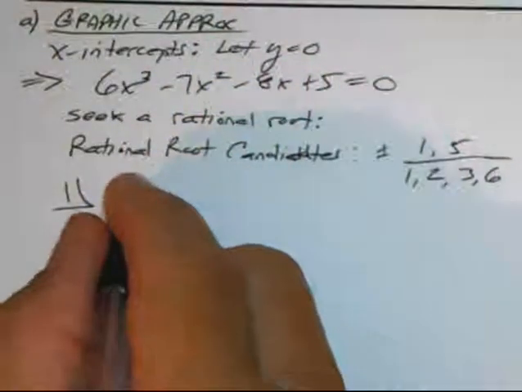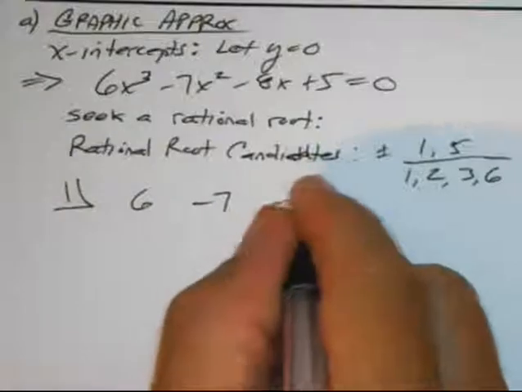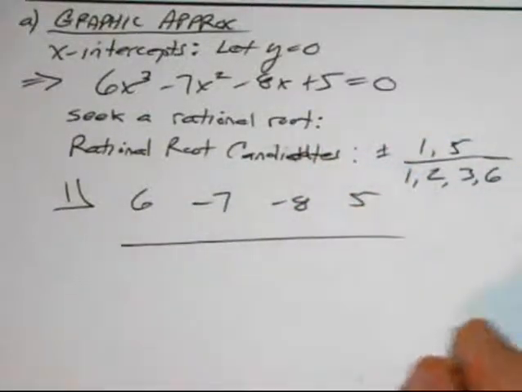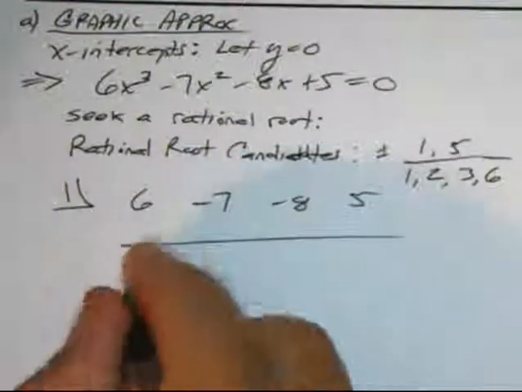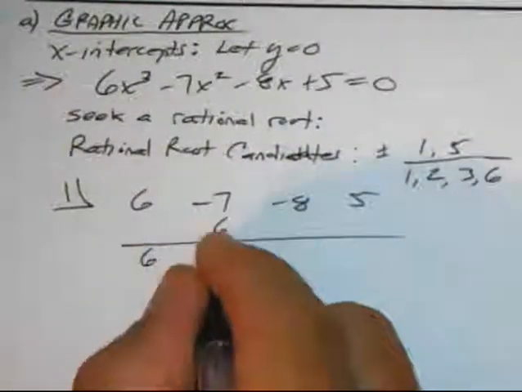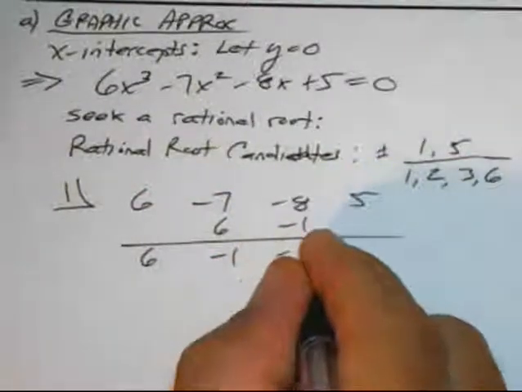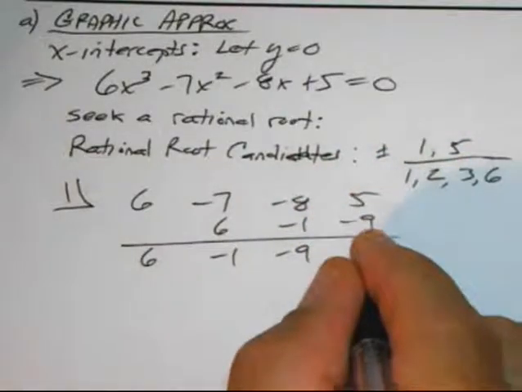Coefficients of this polynomial are 6, minus 7, minus 8, and 5. Leave a line, draw a bar, drop this down to get started, and multiply 1 by 6. Add these, negative 1. Multiply, add, multiply, add.